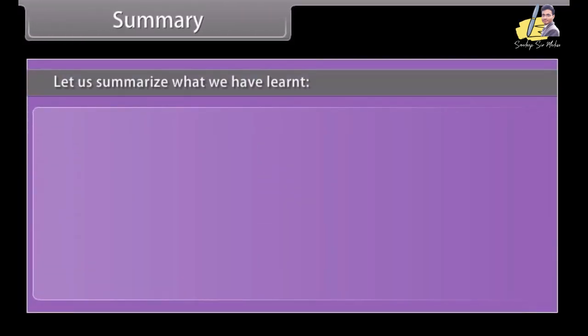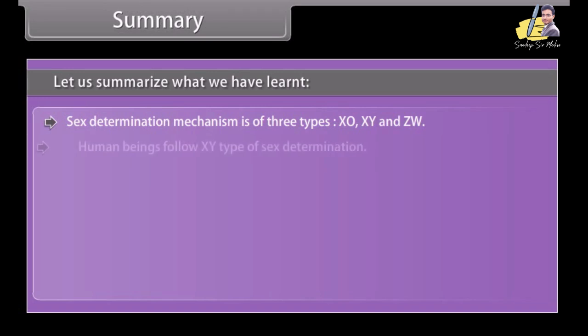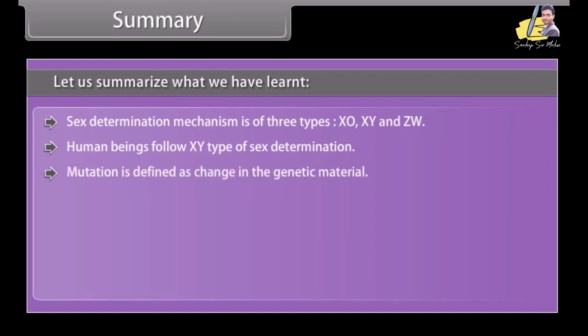Summary. Let us summarize what we have learnt. Sex determination mechanism is of 3 types: XO, XY and ZW. Human beings follow XY type of sex determination. Mutation is defined as change in the genetic material.